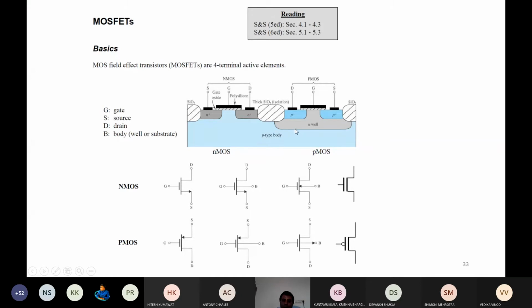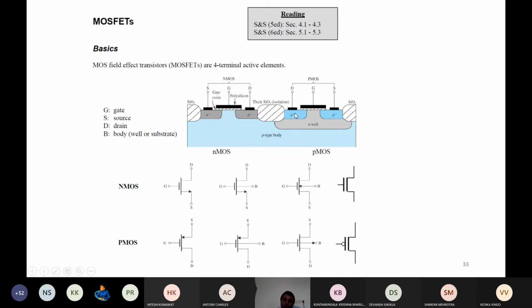You also want to create a P channel MOSFET on the same P type body. So an N well should be there, because a P channel MOSFET is created on an N substrate. Through implantation, an N region is created, which acts as the well, or the substrate, for this P type MOSFET.